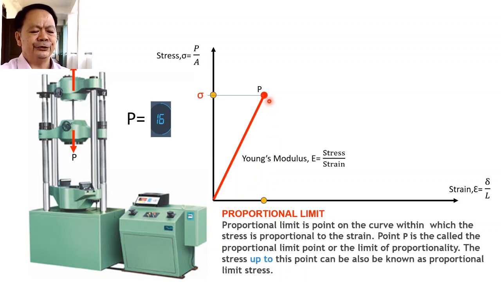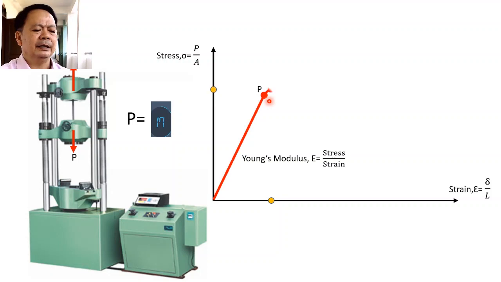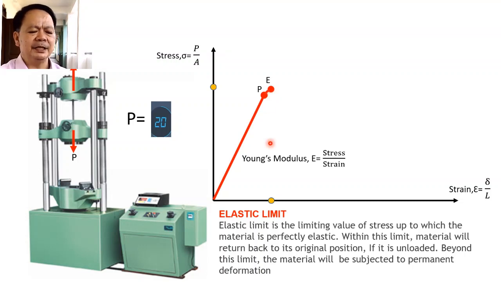And after that point, dinaanan niya yung tinatawag nating elastic limit. And what is this elastic limit? Elastic limit is the limiting value of stress up to which the material is perfectly elastic. Ang ibig sabihin nun, within that limit, the material will return back to its original position.